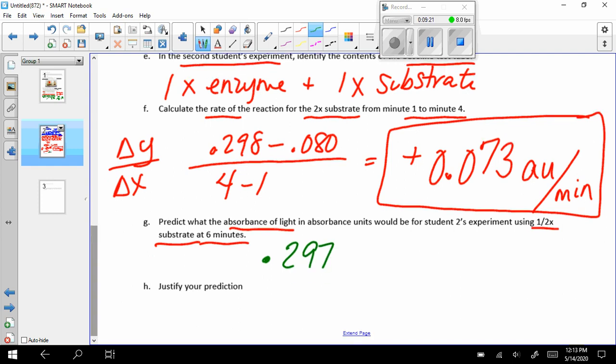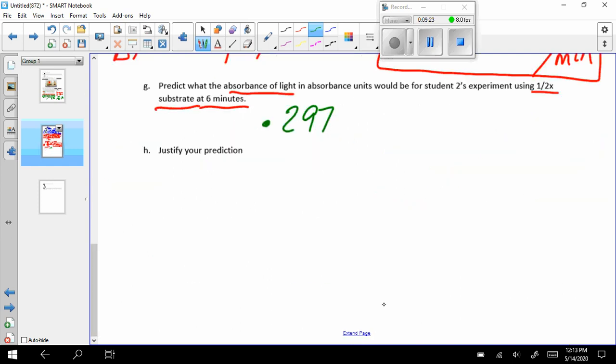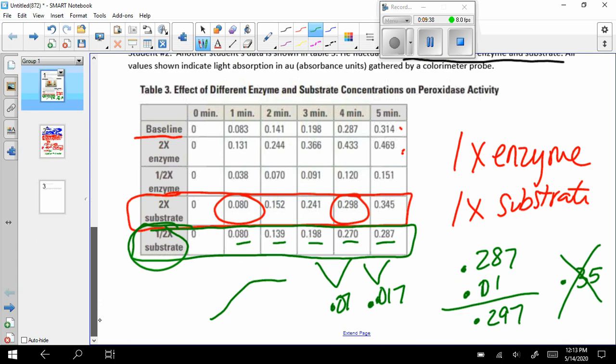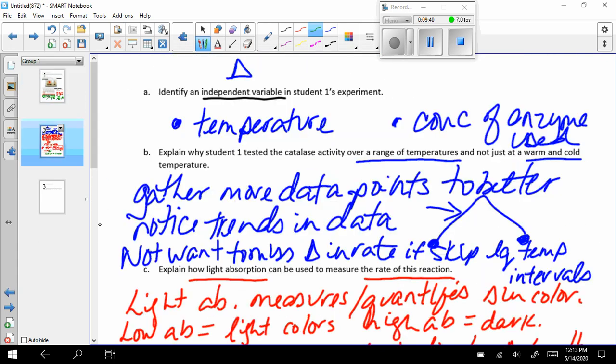Justify your prediction. So my justification is that the change from minute 4 to minute 5 was 0.017. Sorry, just got to look back here at what I wrote.